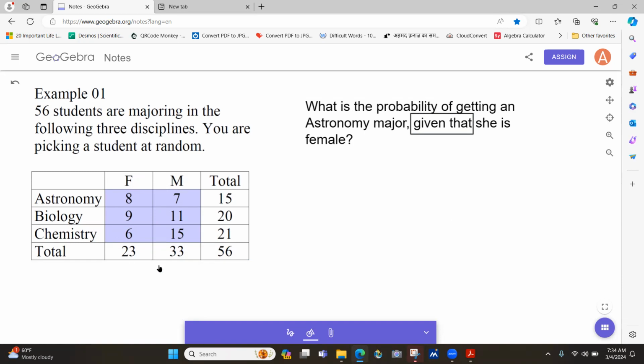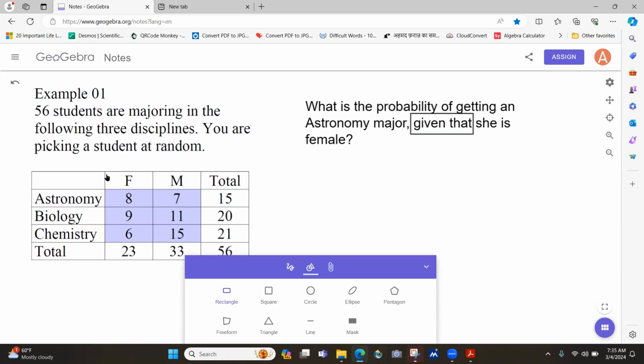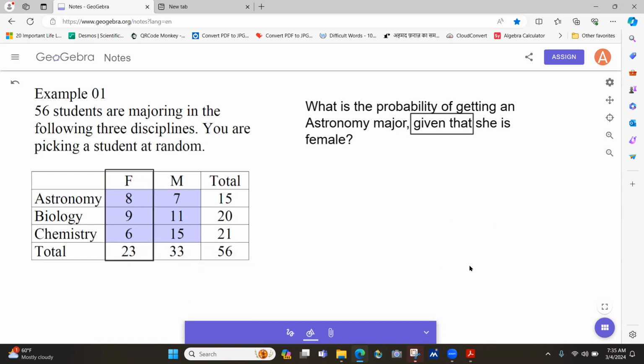I'm not looking at this whole sample space. My sample space shrunk to this. And then you can answer the question. So you're only discussing the females. You're only interested in the females. So given that she is female, what's the probability of getting an astronomy major given that the person you're talking about is a female?